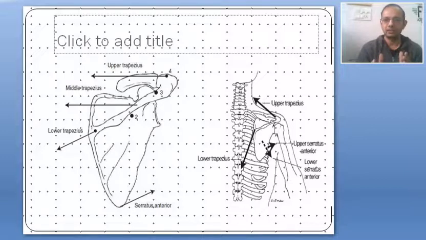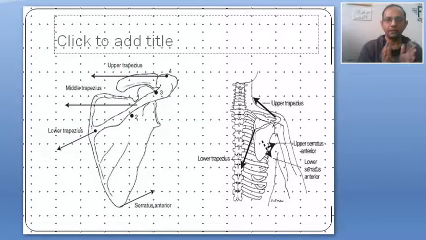So basically, force couples are being produced between the three bands of trapezius muscles and the serratus anterior muscle in order to have the upward rotation of the scapula to complete the sagittal plane and the frontal plane movement of the glenohumeral joint. So this upward rotation of the scapula is being produced by the force couple formed between the trapezius group of muscles and the serratus anterior.